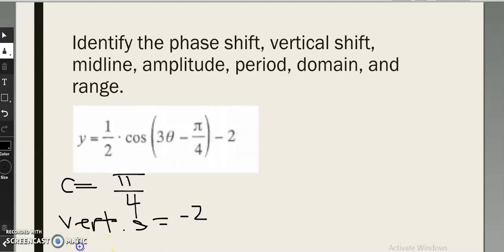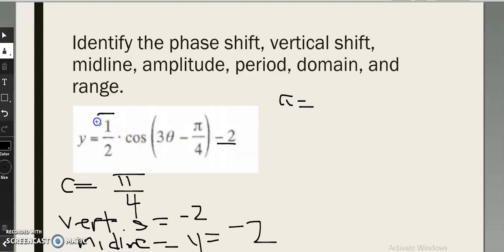My midline is this equation here, which is y equals -2. My amplitude is my coefficient here, so that is 1/2.